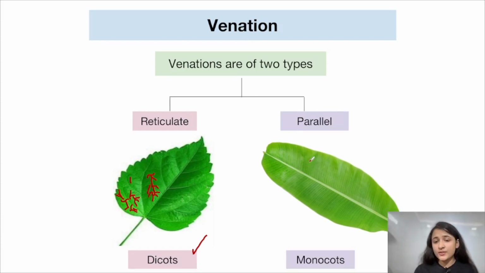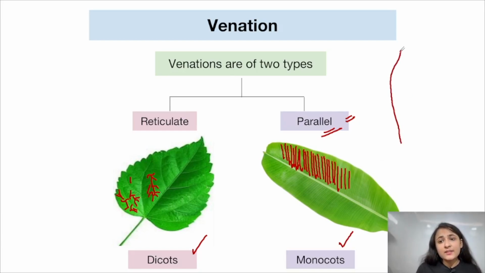Then in monocots, the venation is parallel. A midrib is also present here. The veins in monocots run parallel to each other like this. They do not form a network or mesh-like structure. This kind of venation is known as parallel venation, and this is the characteristic feature of identifying a monocot plant, that its leaf will have parallel veins.